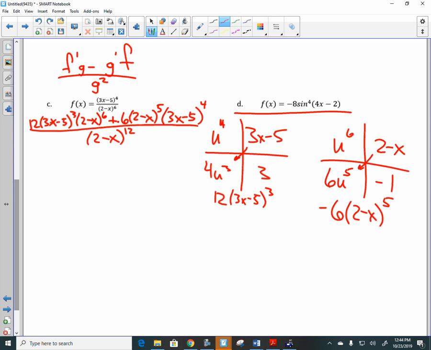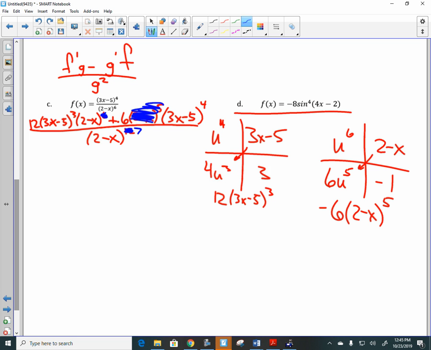What can you cancel? You could factor out a 2 minus x to the fifth on the top, right? And it would cancel with how many on the bottom? Yeah, 5 of them, leaving you with 7. So you're going to end up with 7 of these down here. These are all going to be gone here. And how about here? We have 1 left. Well, that was kind of fun.